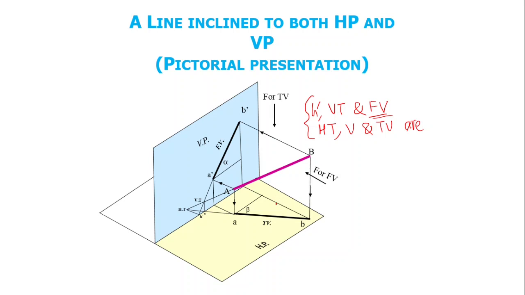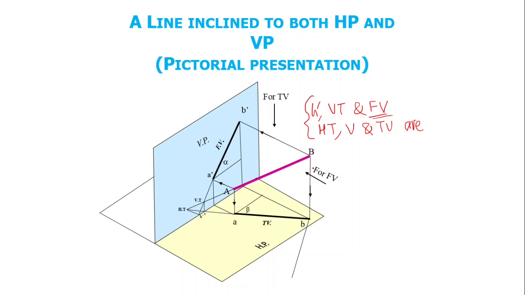In this trapezoidal method we rotate the trapezium, small a, capital A, B, capital B, small b, by 90 degrees, and we can place that trapezium in the top view in such a way that the distance capital B, small b, is drawn perpendicular to small ab.